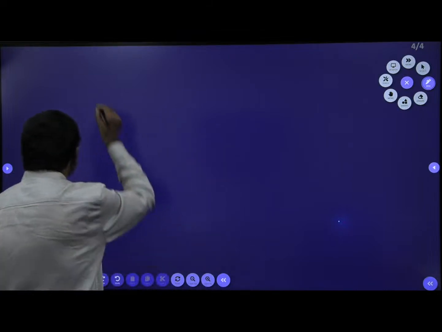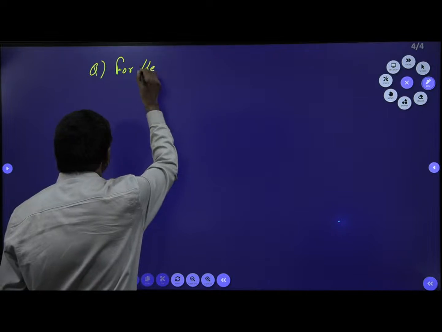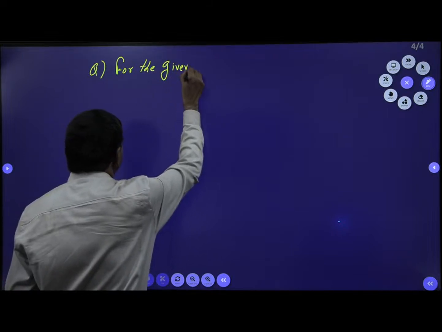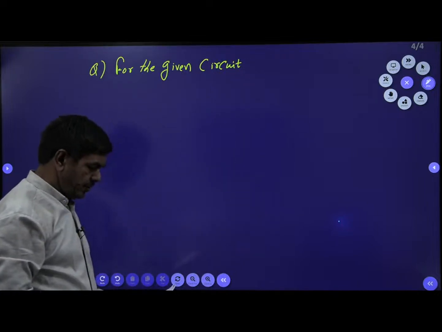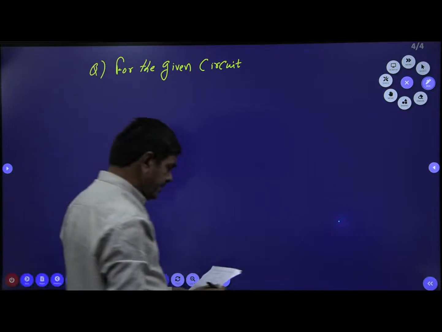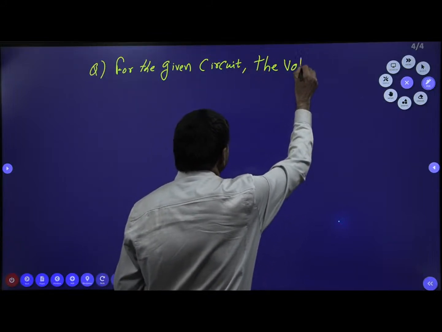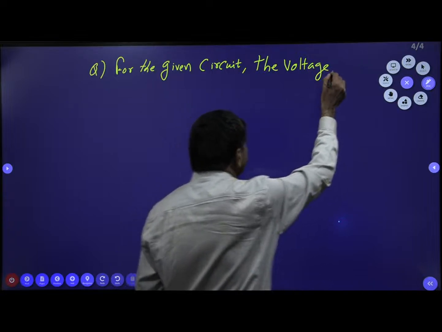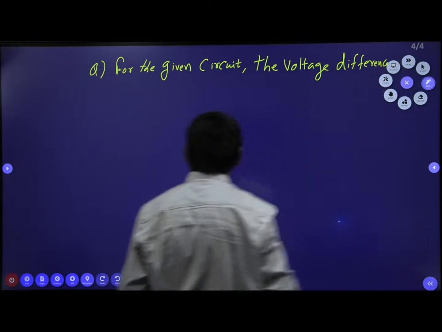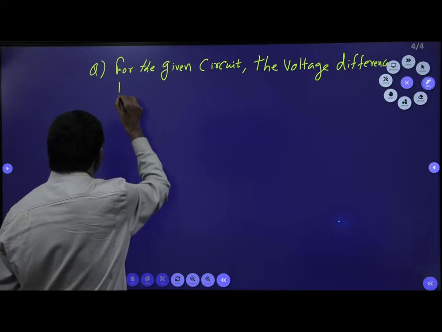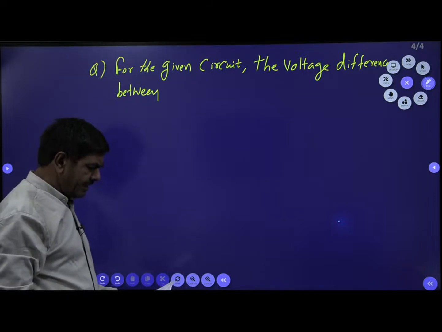For the given circuit, the voltage difference between collector and emitter.